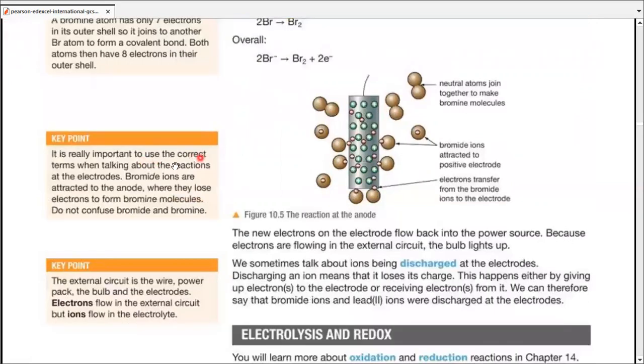It is really important to use the correct terms when we're talking about the reactions at electrodes. Bromide ions are attracted to the anode, where they lose electrons to form bromine molecules. So do not confuse bromide and bromine. Remember, bromide are the negatively charged ions, and bromine is a neutral molecule.